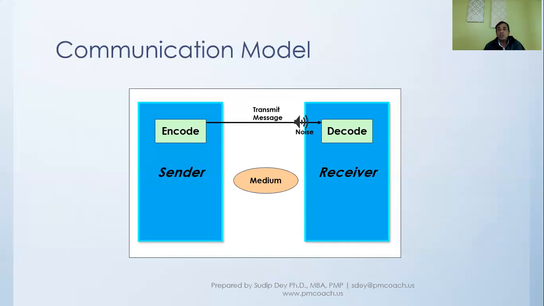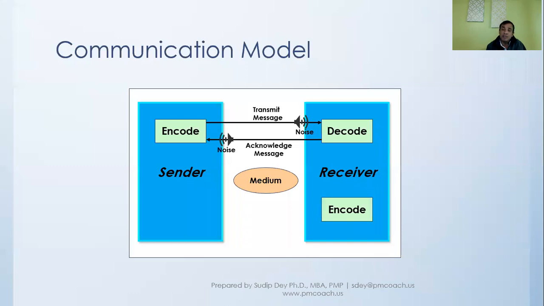Now, the receiver decodes this message and then probably will send an acknowledge message saying that, hey, I received it, got it. When that happens, the sender understands that the message has been received, but not necessarily that the message has been understood. Again in sending the acknowledge message, there can be some noise.